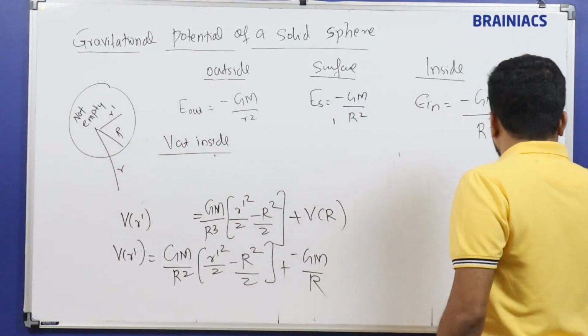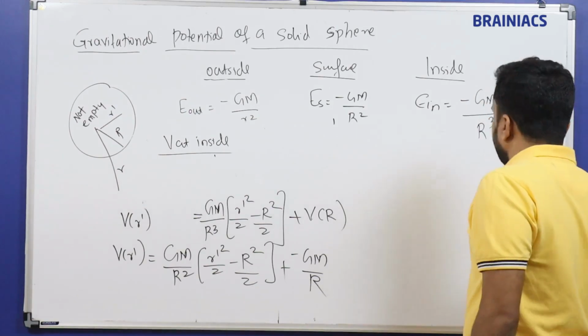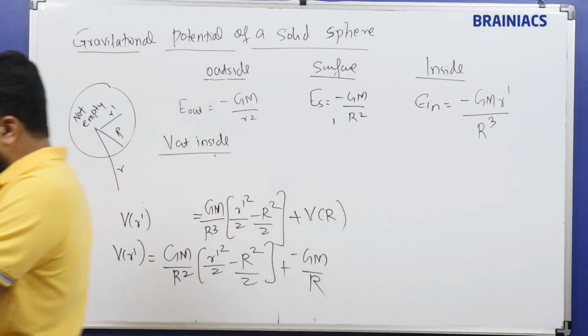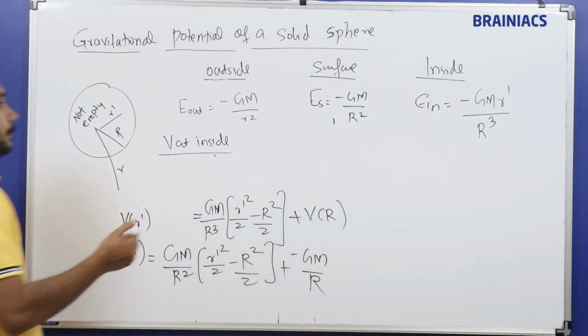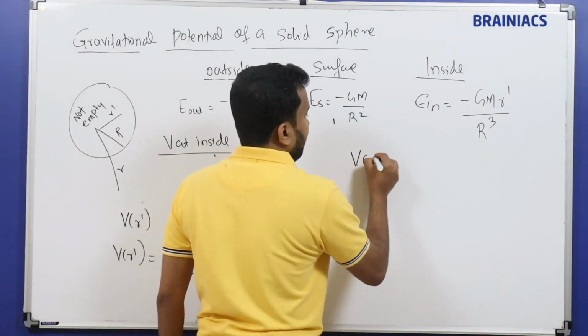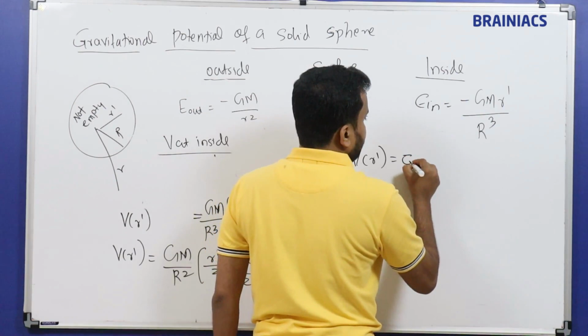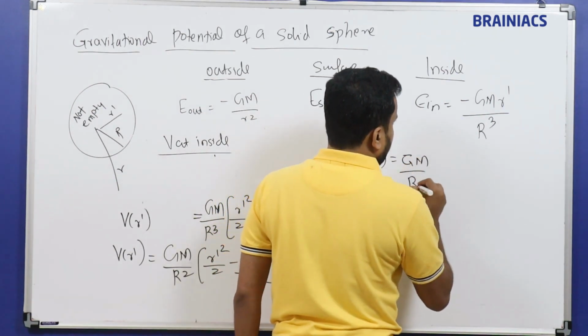Next, here I am taking GM by R cube common. GM by R cube is the common factor. So what will I get? I will get potential at r dash inside equal to GM divided by R cube.